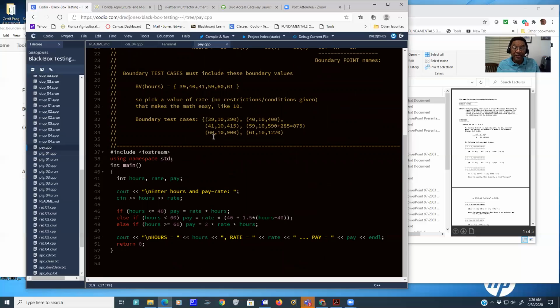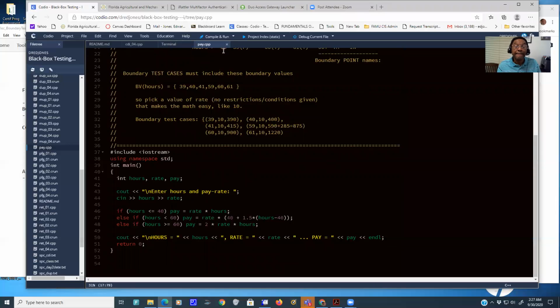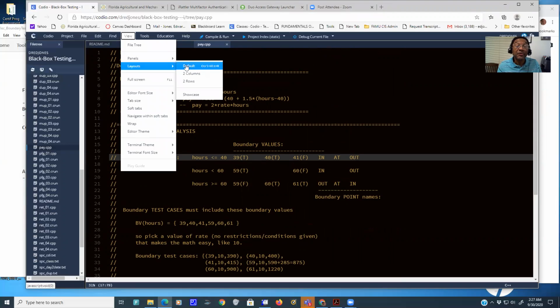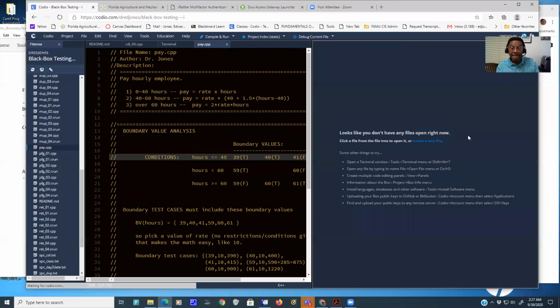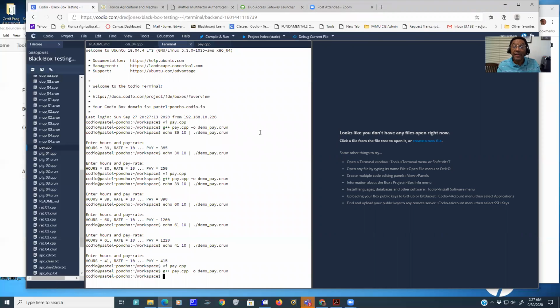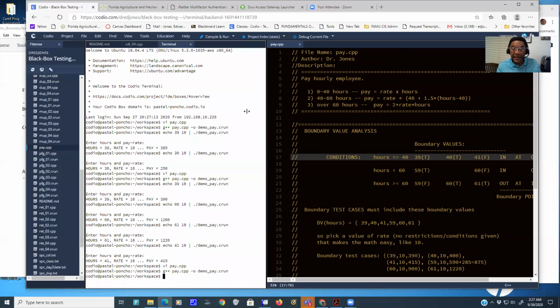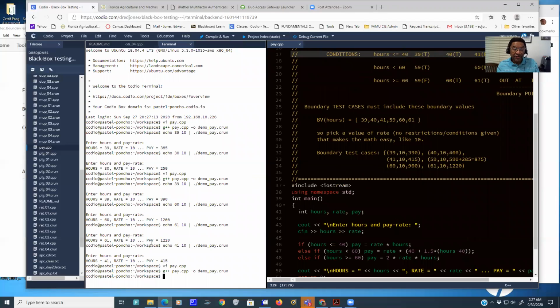So let's play with this. Let's try to remember these test cases and run this, and we're going to discover some stuff. Let me make another panel vertical. Let's just run this thing. Now, we're going to try these test cases and see what happens.